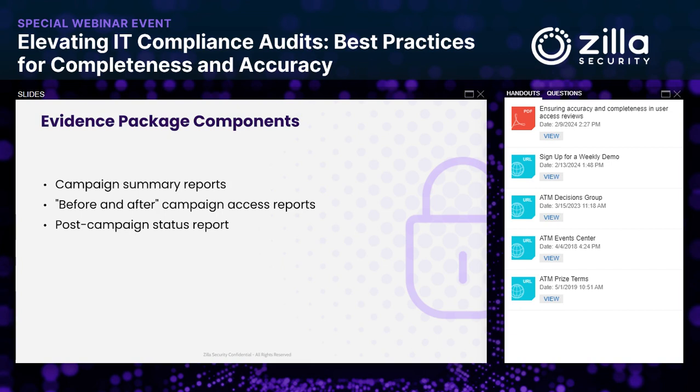And then it'll also include a report of the post-campaign status. And this post-campaign status is a summary of reviewed items, actions taken, including revocations that have been requested, which ones are completed that we track, and which ones are still pending. So you have that one view in all the different aspects of where the campaign started from and then where it actually completed at.